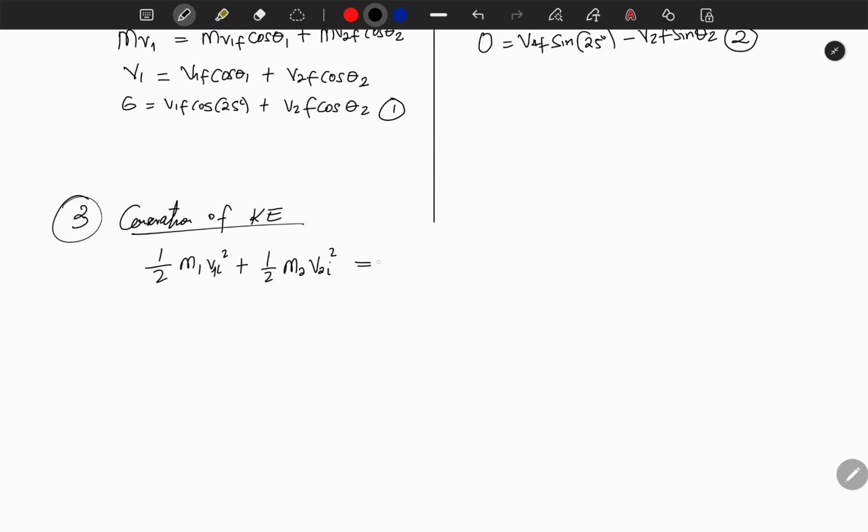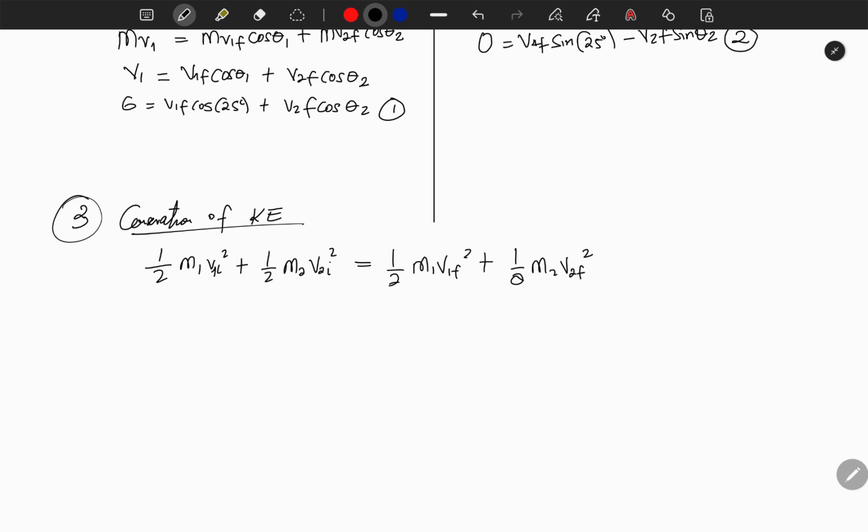Initial, you square, this should be equal to the final one, squared, plus the same for the second ball. Don't bother about the mass, I'm just doing it for the law's sake. Final 2, squared, like that.